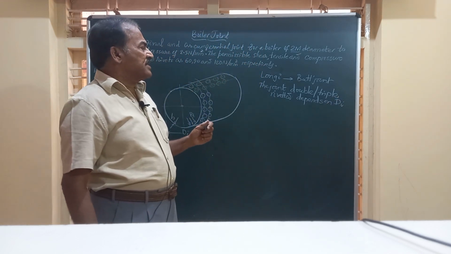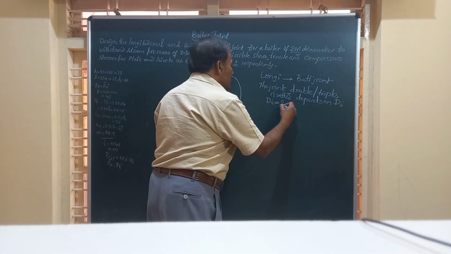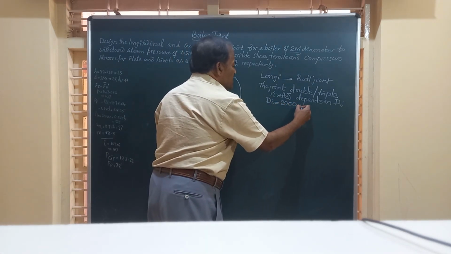Here the diameter of the shell is given to be 2000 mm, that is 2 meter.